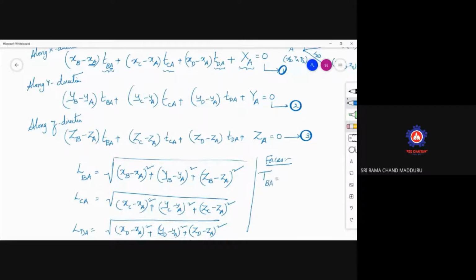Now, after getting these lengths of the members, the forces in the members are: TBA is nothing but the tension coefficient multiplied with the length of the member. If the value is negative, that is an indication for compression. If the value is positive, that is an indication for tension. That's it.